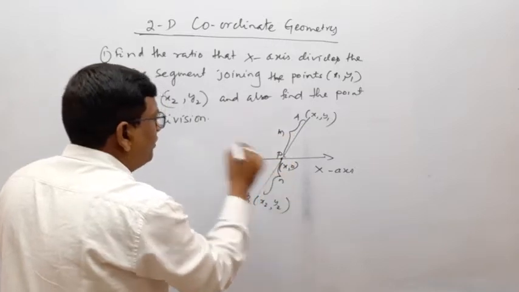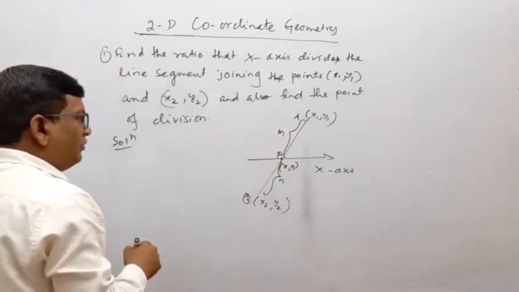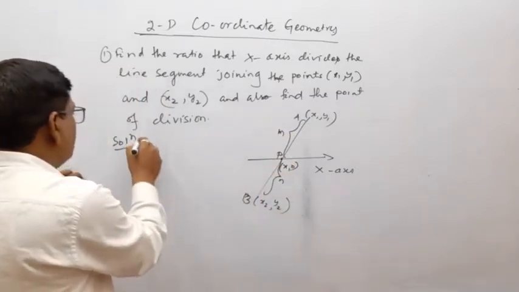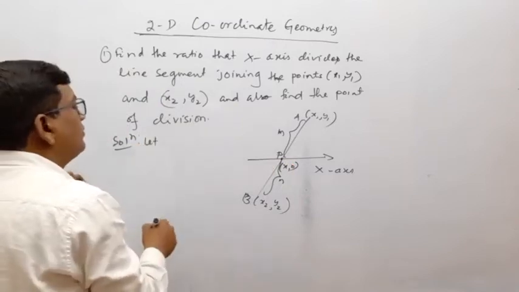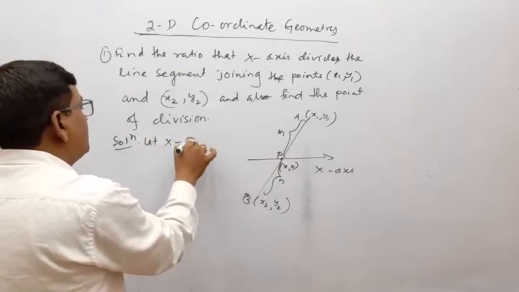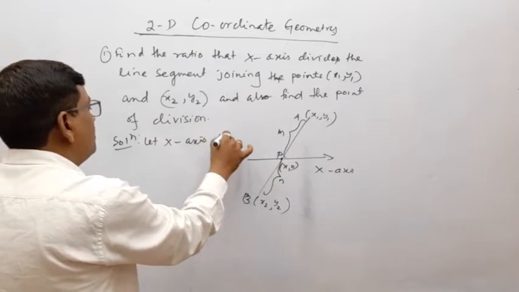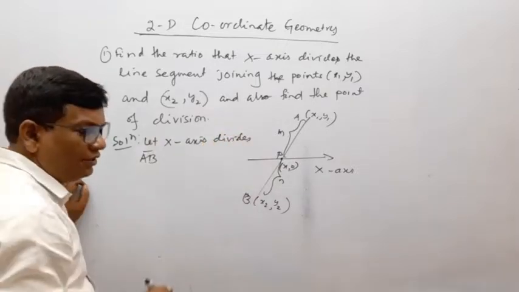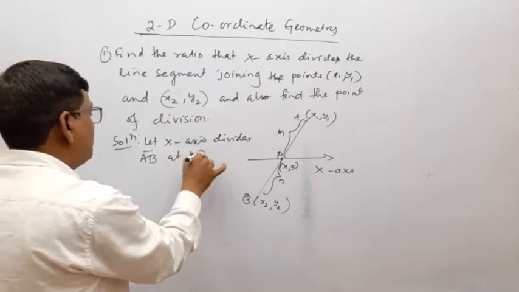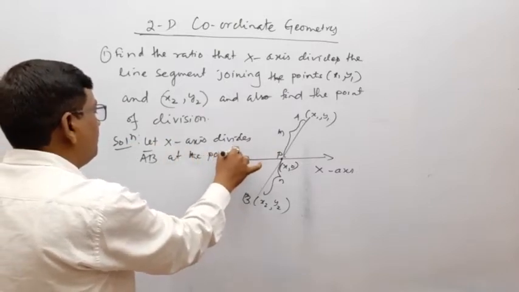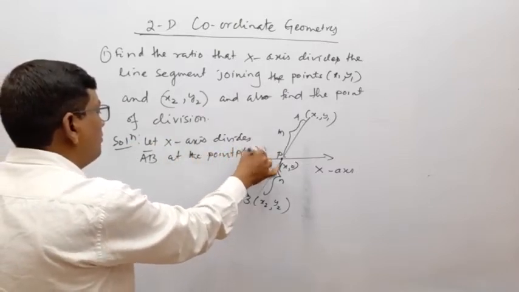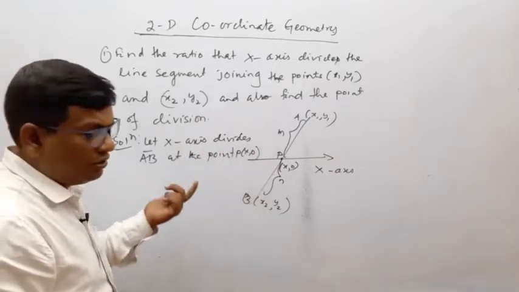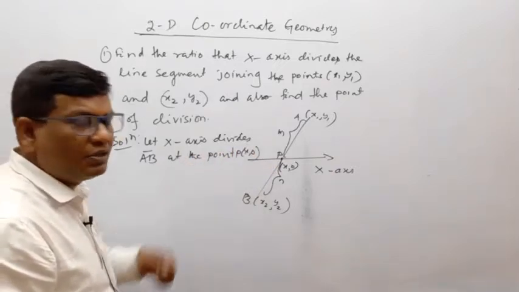Now let the x-axis divide the line segment AB at the point P of x comma 0, because any point on the x-axis is x comma 0.